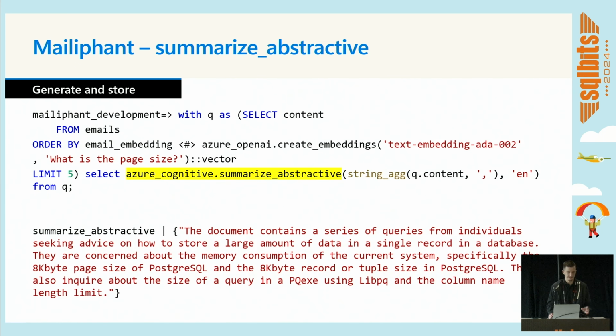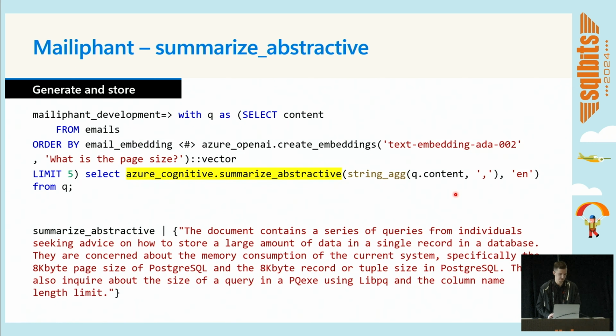And we can take a look at one of the emails that it finds. So I asked it a different question: what is the page size? And I used another Azure Cognitive function, summarize abstractive, because the email would be too big to fit on the slide.